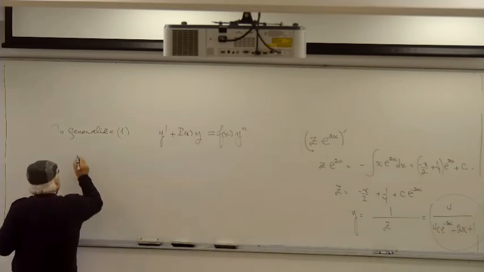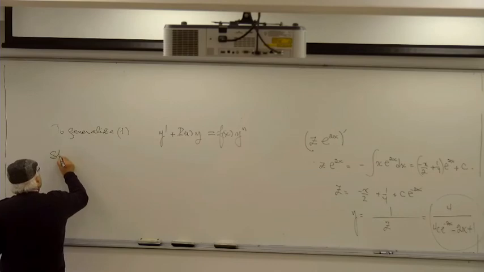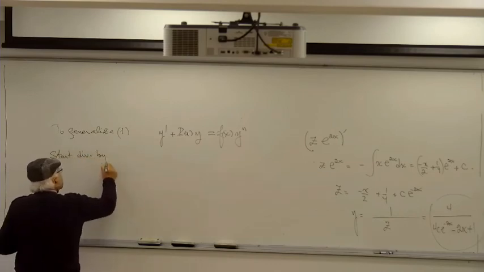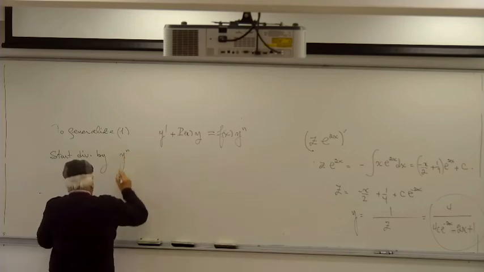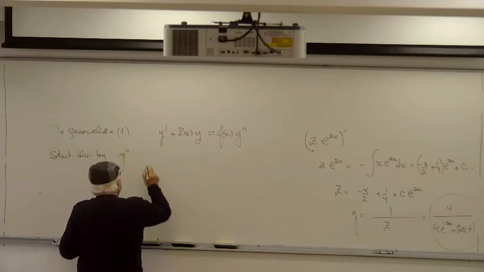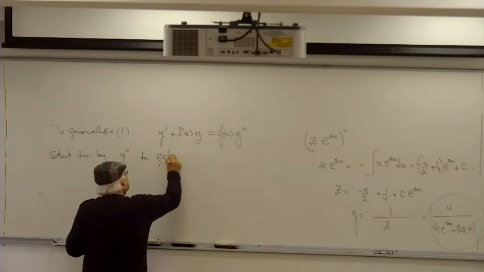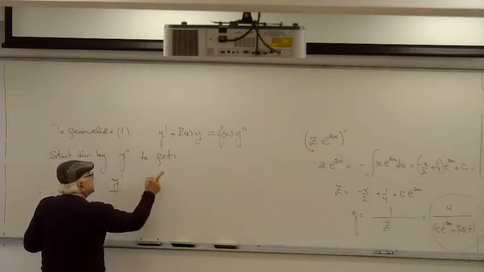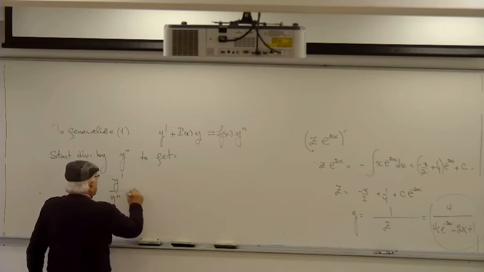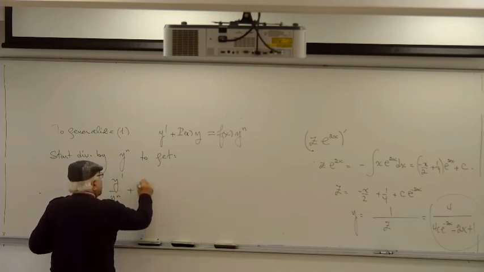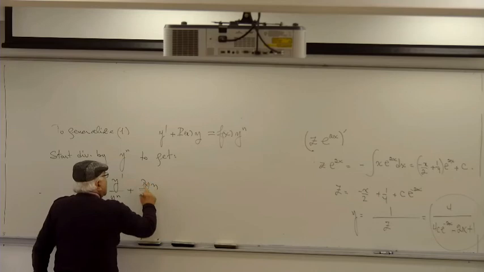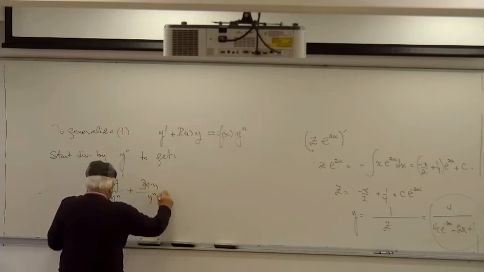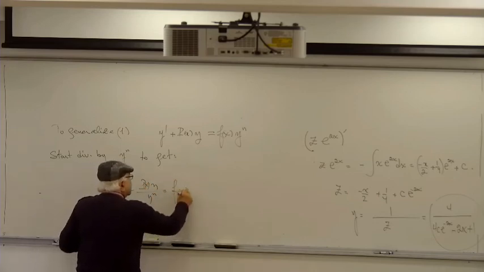We start dividing as step 1, dividing by y to the power n to get y prime over y to the n plus p of x y over y to the n equal to f of x.